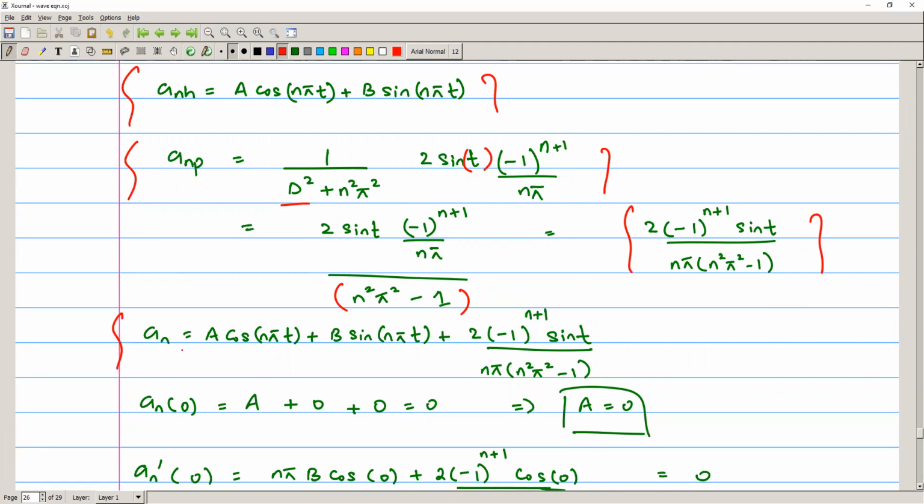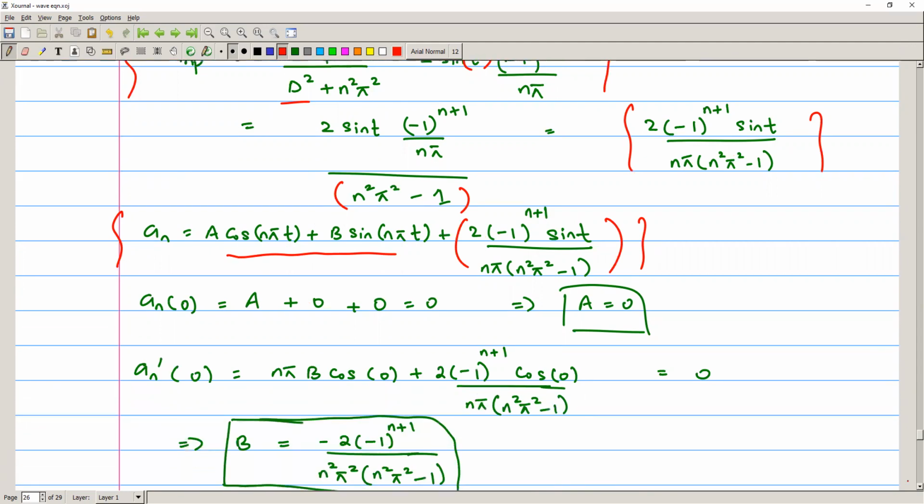Now we have the solution: a_n equals a_n homogeneous plus a_n particular. Now we apply the initial conditions, that is a_n(0) equals 0 and a_n prime(0) is also equal to 0.